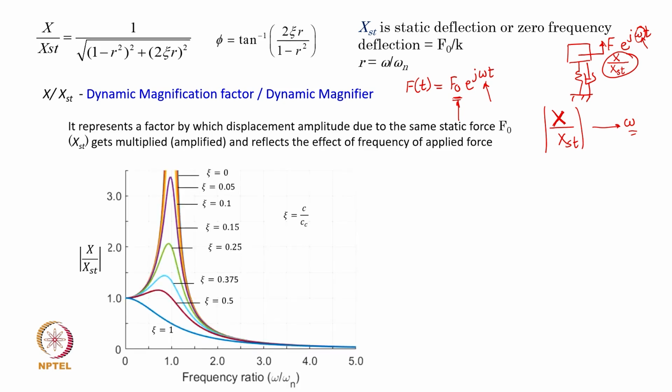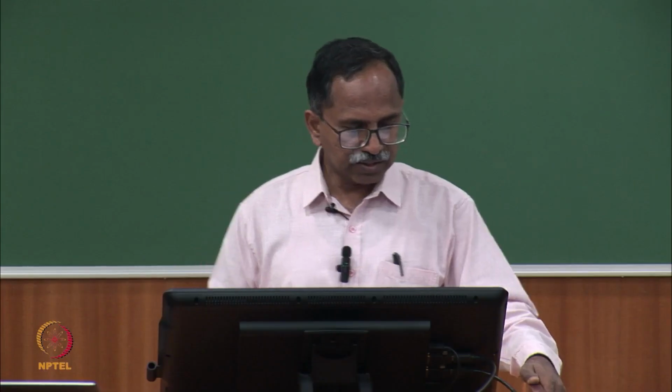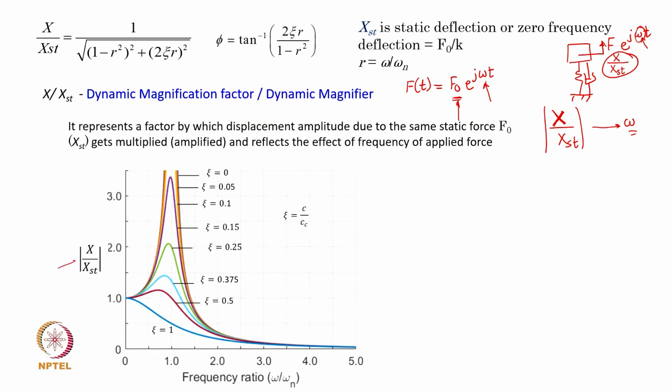So, if I plot this x over xst with the frequency ratio r, then the variation of this ratio, the dynamic magnifier we have defined, changes with respect to the frequency ratio r for different values of damping.